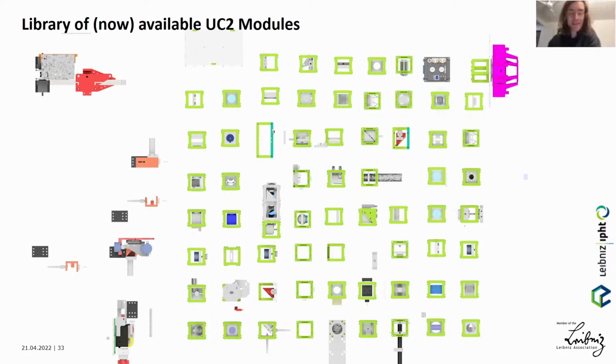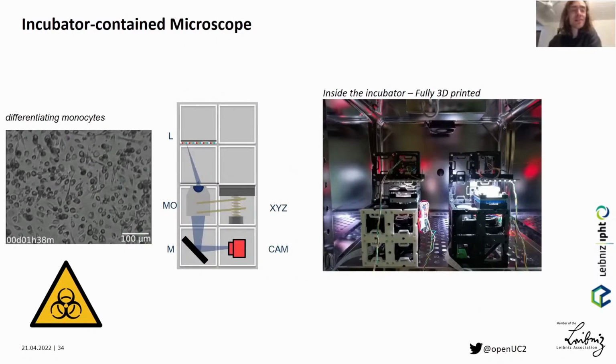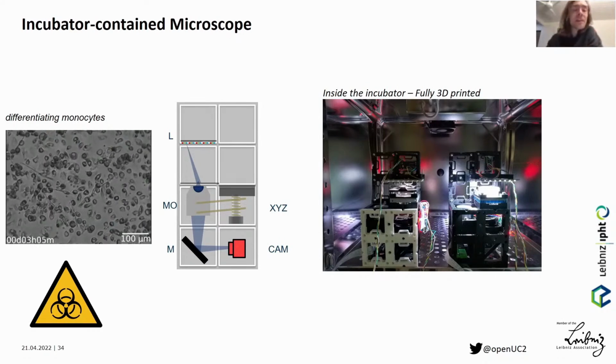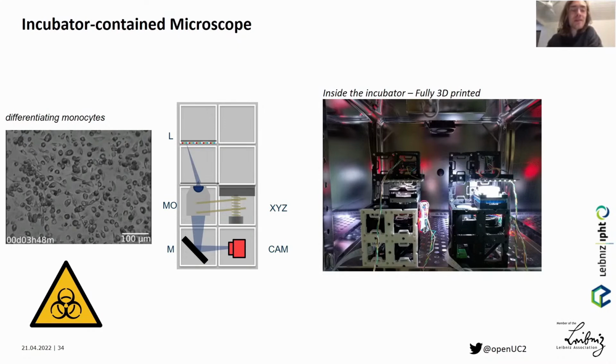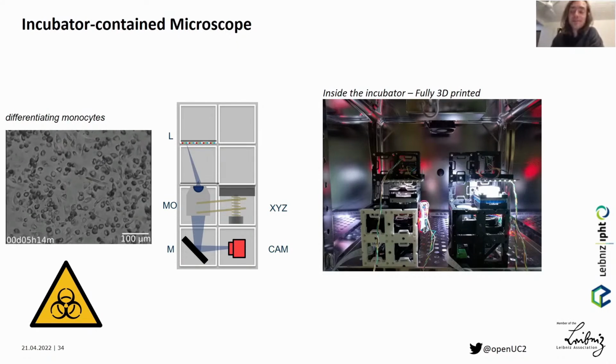We have lasers, etc. And when you have that, you can just construct arbitrarily complicated setups. For example, starting with a simple one where you just have inverted microscopes for observing cells. And so you can place many of these because they are relatively cheap inside incubators.